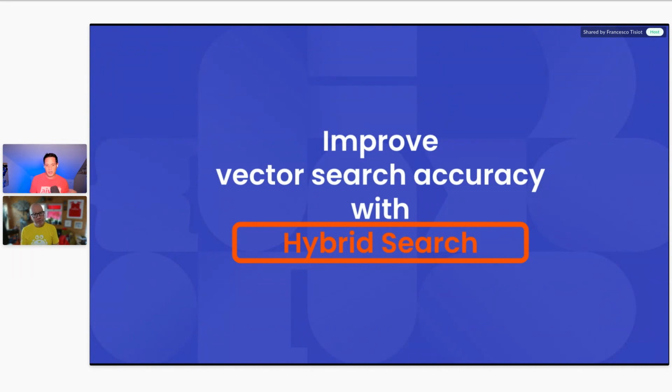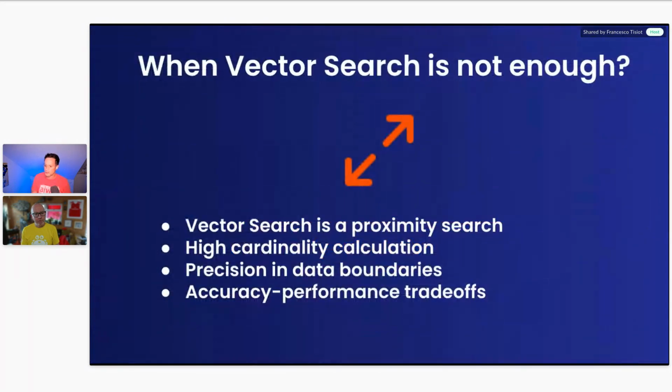As we saw, we are living in a 3D or N-D world, and vector search is searching for neighbors, for vectors, for information that is close but not precise. So vector search sometimes is not enough.